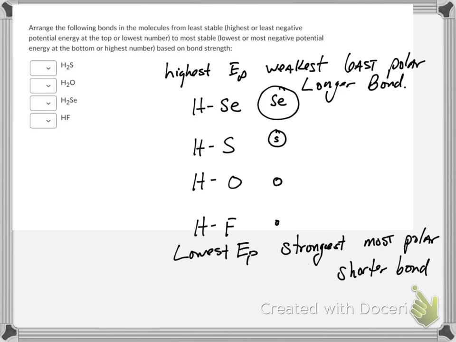Going across a row, fluorine is smaller than oxygen and more electronegative, so that would be stronger. Fluorine is the smallest element on this list, and we know that from the periodic trend data. Electronegativity tracks with size: the smaller the atom is, the more electronegative it is, and the stronger the bonds it's going to form.